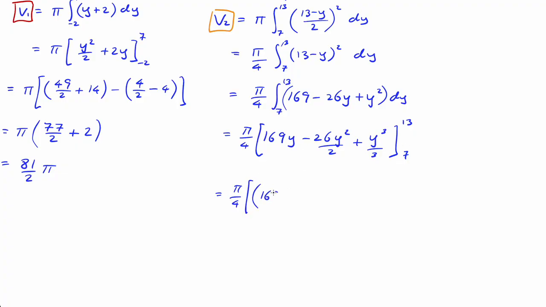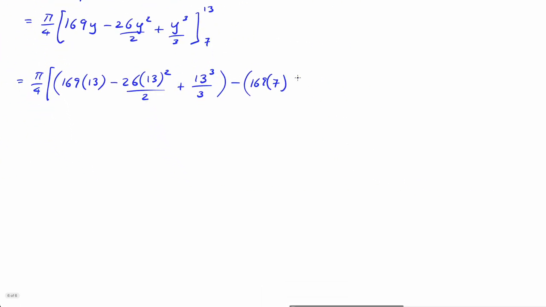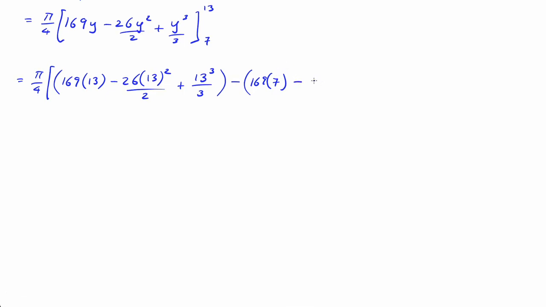So it's 169 times 13 minus 26 times 13 squared over 2 plus 13 cubed over 3 minus, and then I need 169 times 7 minus 26 times 7 squared over 2 plus 7 cubed over 3. Close this and close this.